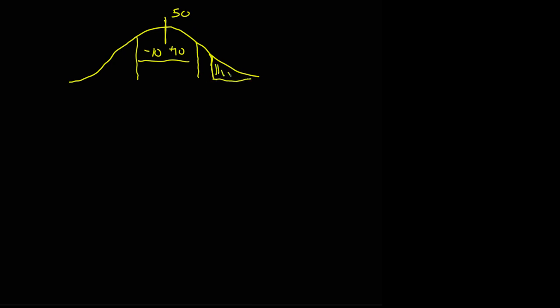And so what this looks like is a mean of 50, a standard deviation of 10, and we're looking for what the top 10% would be. We'll convert that 10% over to a z-score at this line.